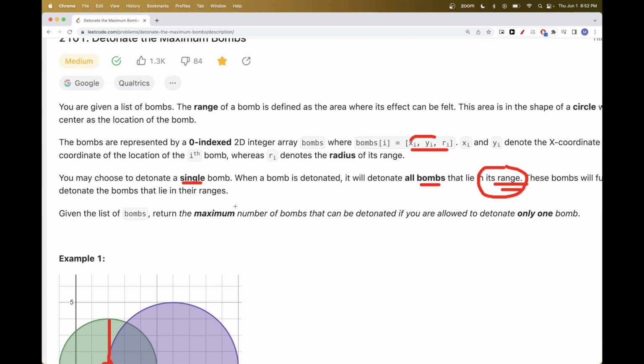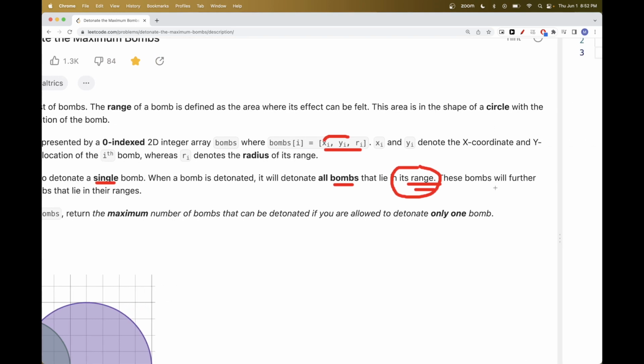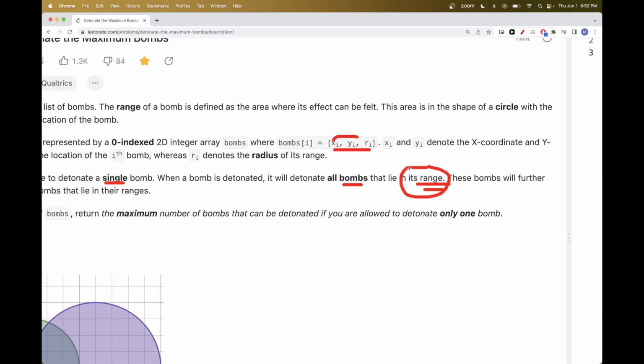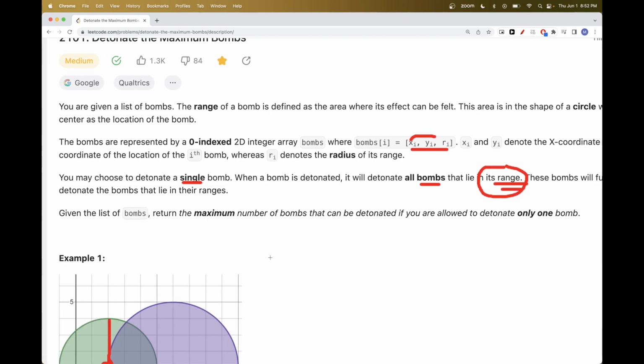And then the bombs that this one detonates will also detonate the ones that are in their range. So you can think of it as a cascading effect, where, let's say bomb 1 detonates, and it has in its range bomb 2, then bomb 2 will detonate. If it has in its range another bomb 3, that one will also detonate, right? So that's the idea here.